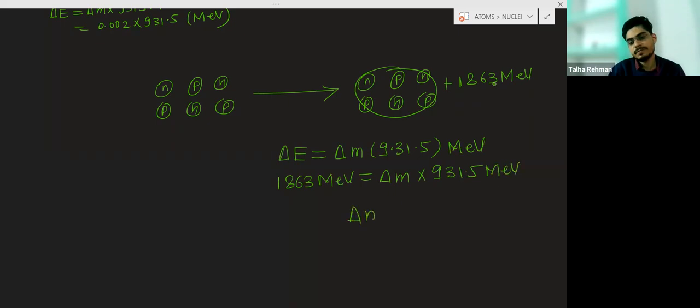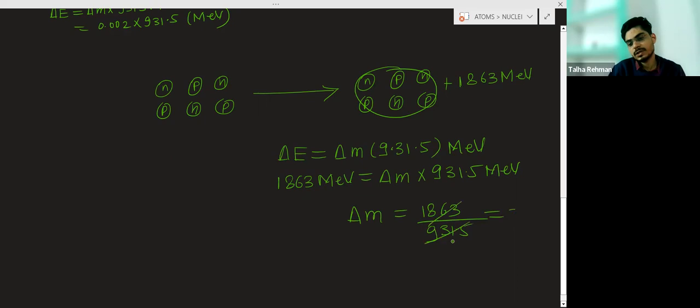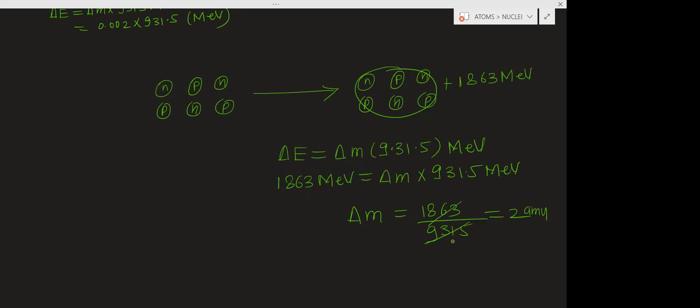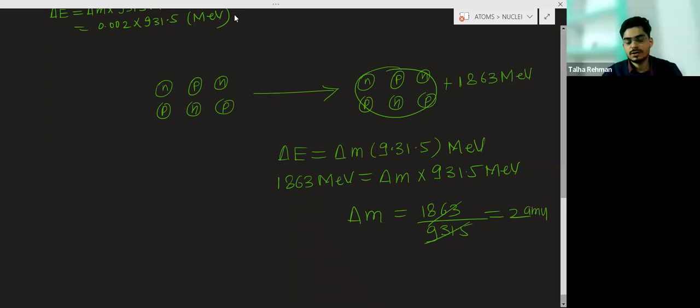Now what will be delta M? 1863 divided by 931.5, and this is 2 AMU. Understood? Yes, sir.